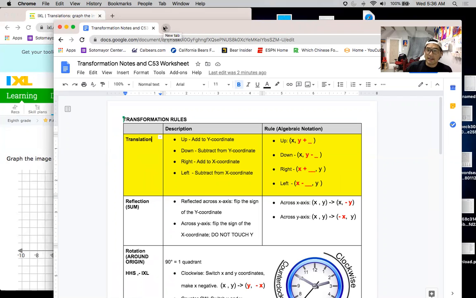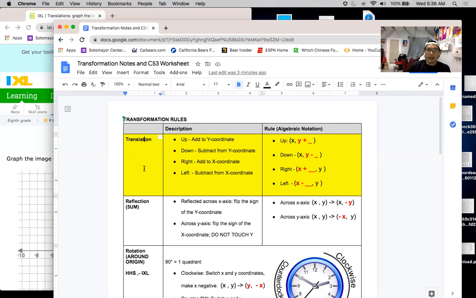I would have these up at the same time. I've highlighted translations. I put that in yellow so that you can see what I am looking at. And I'm just going to use this first row as the notes that are going to help me be successful on sliding points and shapes all around the coordinate plane. So make sure you have this open.